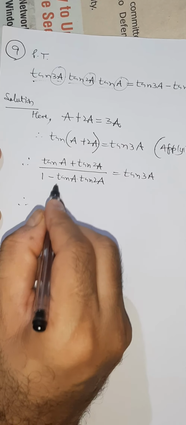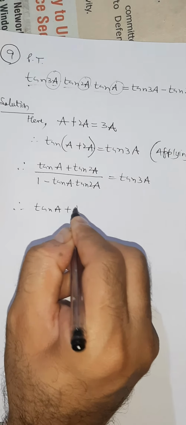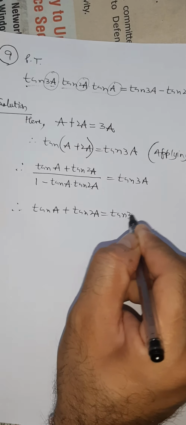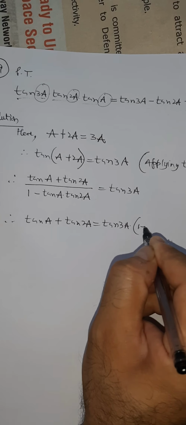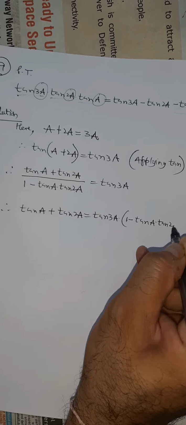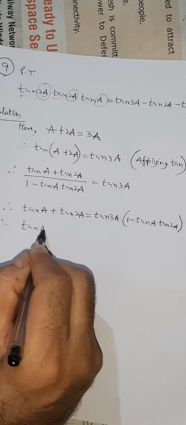So the sum is now almost over. You take this one over here. So tan a plus tan 2a equals tan 3a into 1 minus tan a into tan 2a. Now open the bracket and simplify, and you'll get exactly what you want.